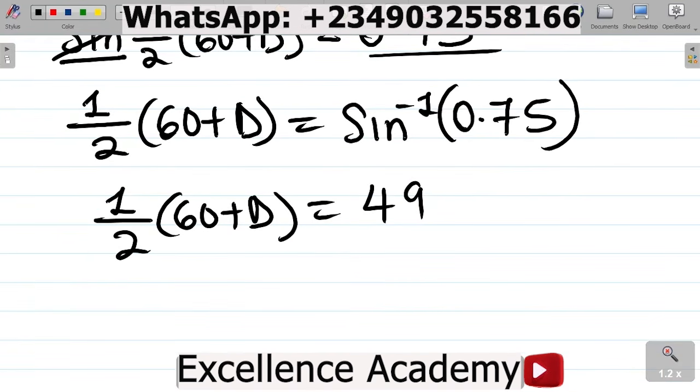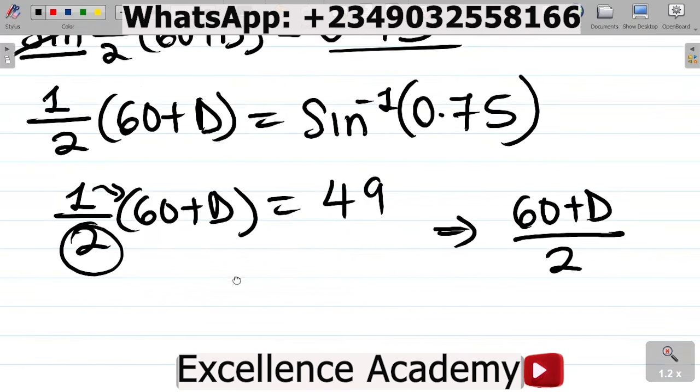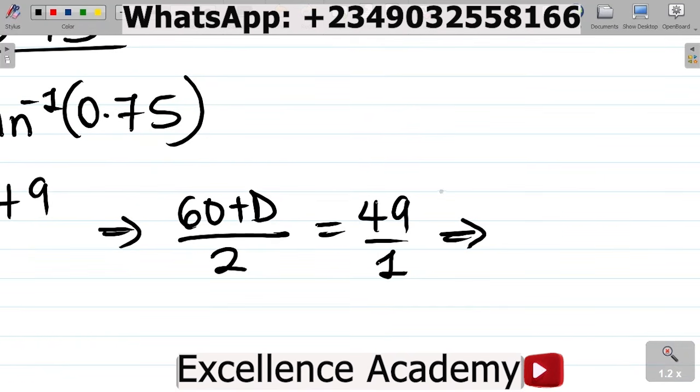So how do we solve this? Now, in solving this, 1 times (60 plus D) gives you 60 plus D all over your denominator here, 2. This is equal to what there? 49. Of course, this is over 1. Let's proceed with this. 1 times (60 plus D) gives you 60 plus D is equal to 2 times 49.